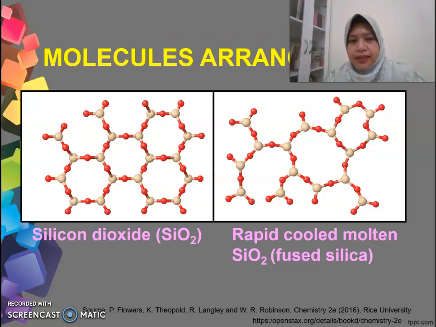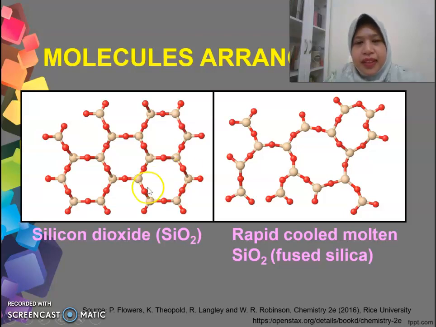Okay, you can see here, these are the molecules of silicon dioxide, and silicon dioxide is a substance that is abundant in nature, and it is one of the several crystalline forms of the mineral quartz.